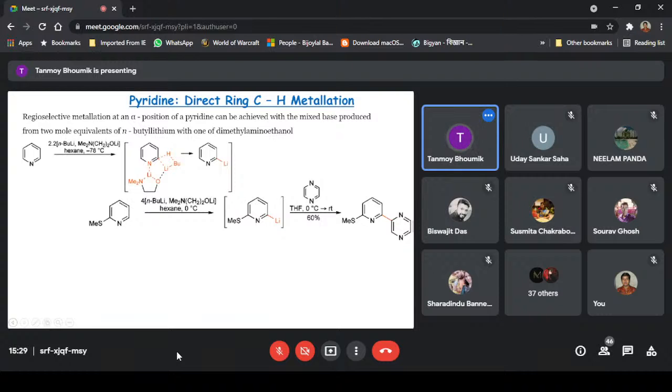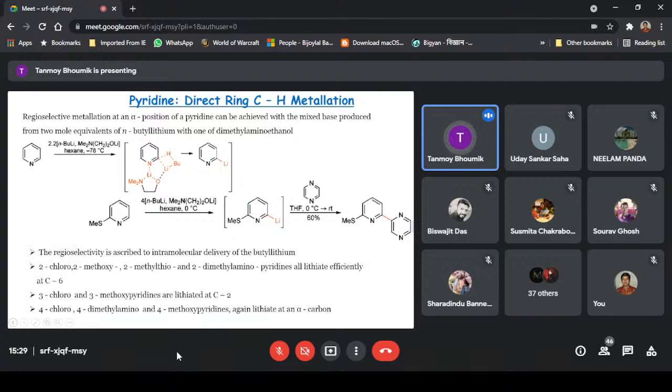This is the example of direct CH metalation, where the reduced selectivity is ascribed to the intermolecular delivery of butyl lithium. 2-chloro, 2-methoxy, or 2-methylthio pyridines are lithiated efficiently at the C6 position. 3-chloro and 3-methoxy pyridines are lithiated at the 2 position, and 4-chloro, 4-methoxy, amino, and 4-methyl pyridines are again lithiated at the alpha carbon position.